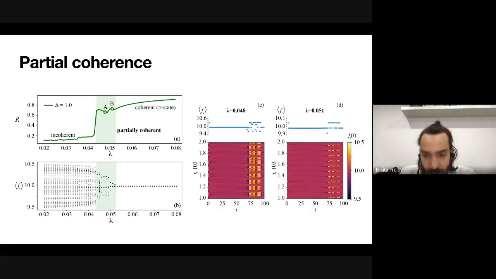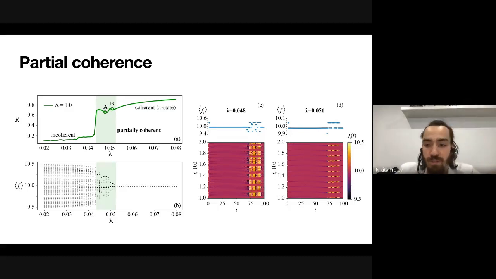Also, interestingly, this cluster is not stationary in time. It demonstrates some dynamics, particularly its breathing, and at the smaller coupling strength 0.048, it represents some intermittent behavior with irregular distance between the spikes, and at 0.051, we can see that the dynamics of this incoherent part of the ensemble is quite regular.